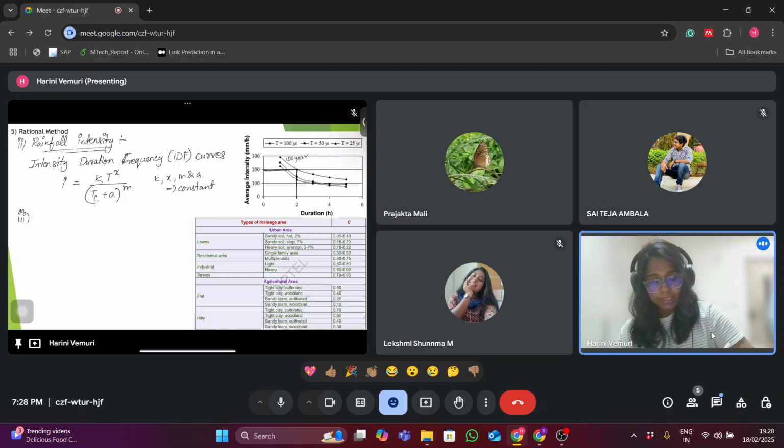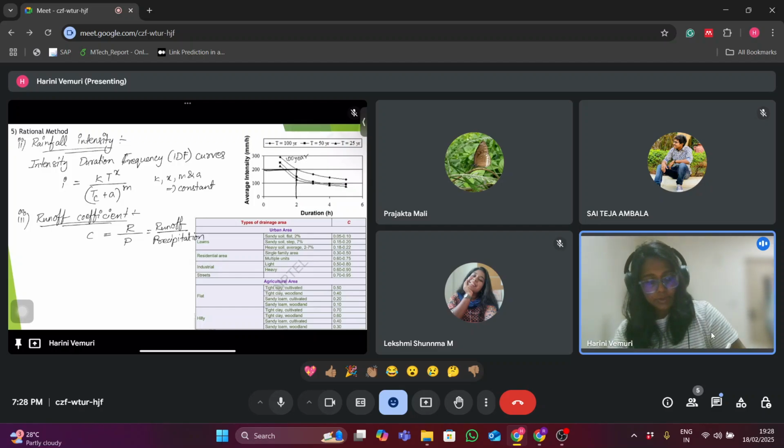And the third parameter is the runoff coefficient. This runoff coefficient is R by P, that is runoff by precipitation. The runoff coefficient is a function of surface condition and slope.